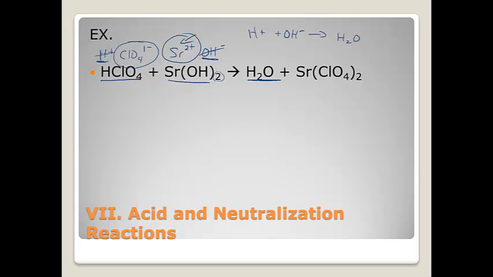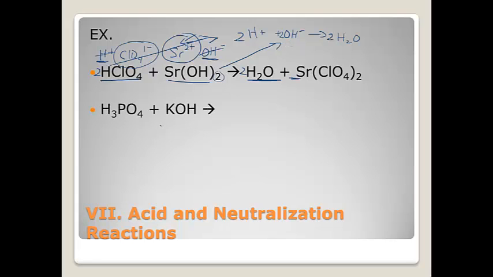I have two OH's, I need two H's, and that will give me two waters. So I'm saying, I got two H's coming off of that, I have two OH's coming off of that, so that 2 to 2 will give me two waters. So I put a 2 there, and then it'll balance. The salt will always have a coefficient of 1.